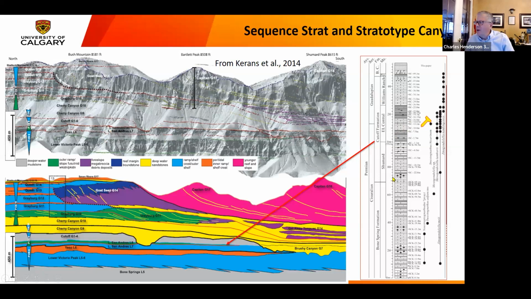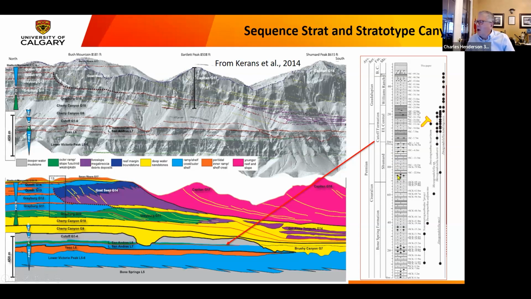Basically, the stratigraphy of the Shumard is equivalent to the high-frequency sequences. Charlie Kerans has named a whole bunch of high-frequency sequences, and L7, L8 here are shown as being correlative with the lower San Andres Formation, and elsewhere we would correlate this with the Shumard Formation.